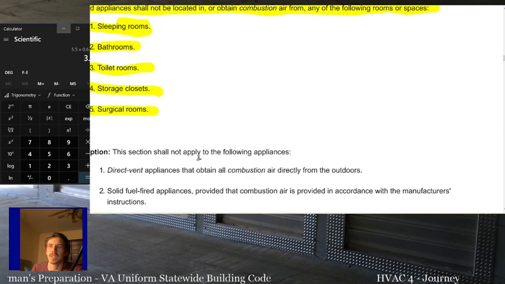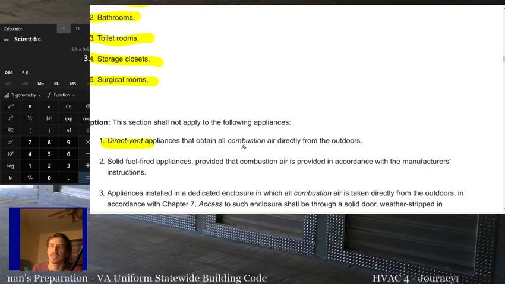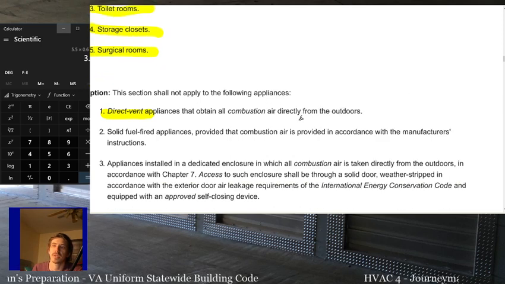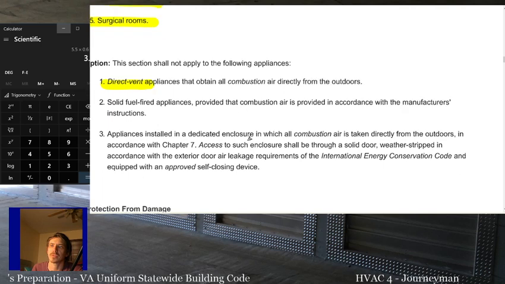The exception is that you can have direct vent appliances that take all combustion air directly from the outdoors. So the direct vent appliance can be in a bedroom if it takes combustion air from outside. Also solid fuel-fired appliances, provided that they have combustion air provided in accordance with the manufacturer's instructions.